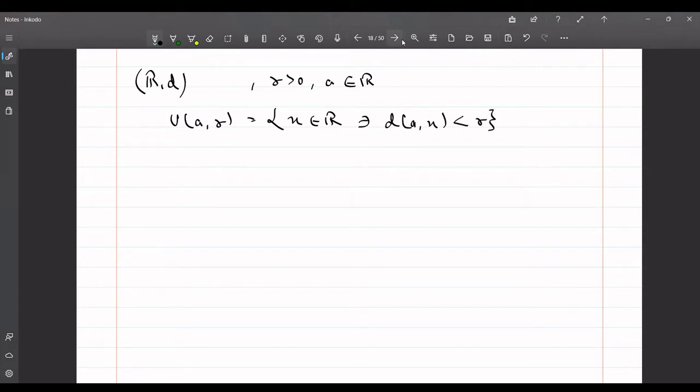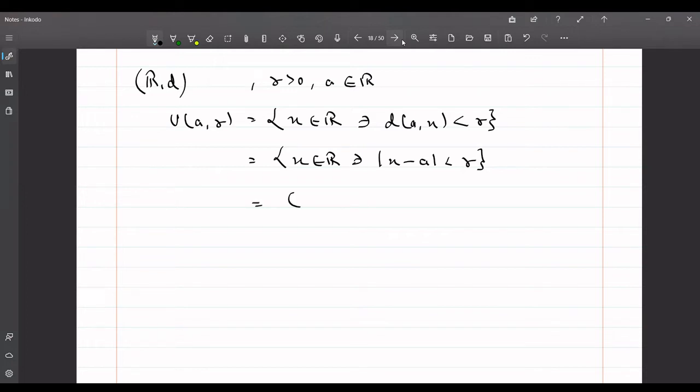Now this usual metric is basically the norm, right? So you might say |x - a| is less than r.